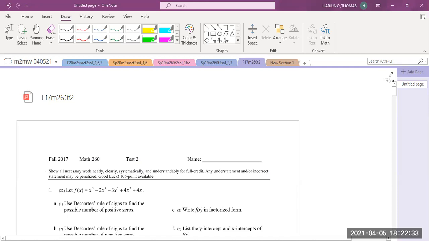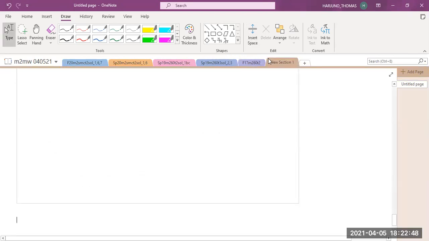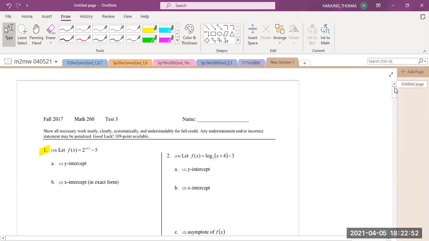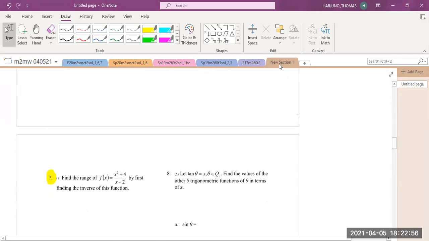Fall 17 Math 260 test 2, all of them. And then fall 17 Math 260 test 3, number 1, number 3, number 7. I will post the file on our discussion board.